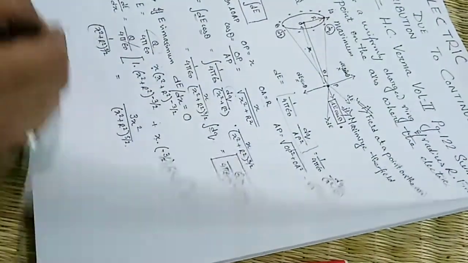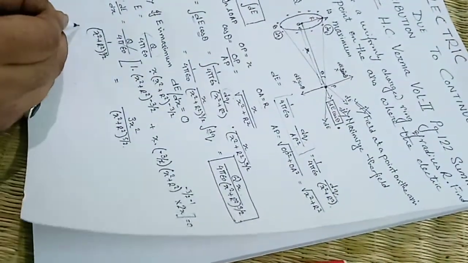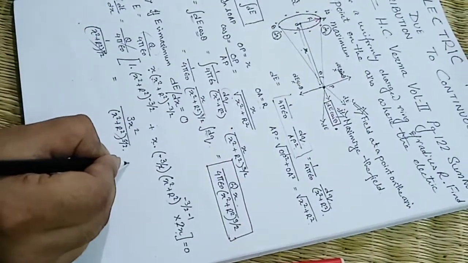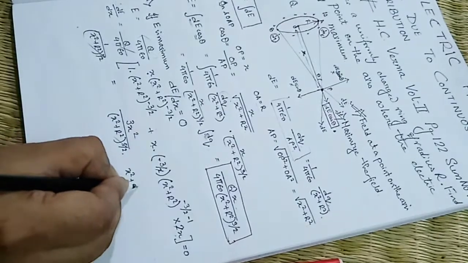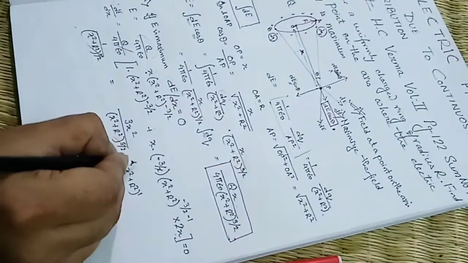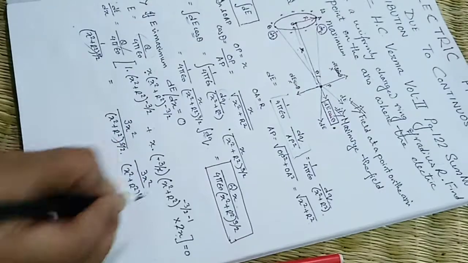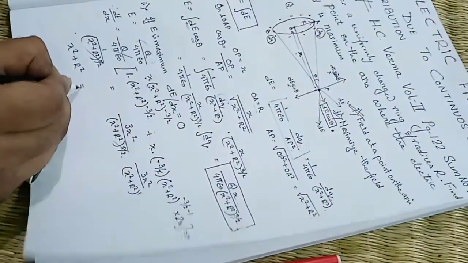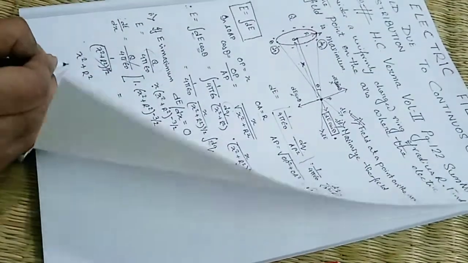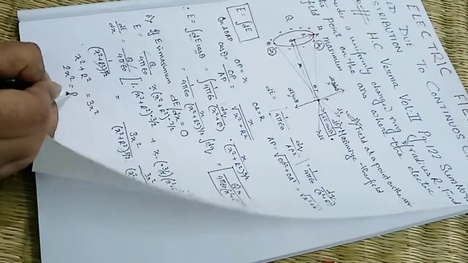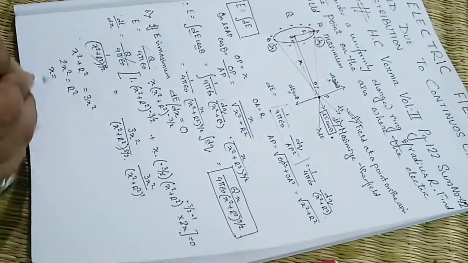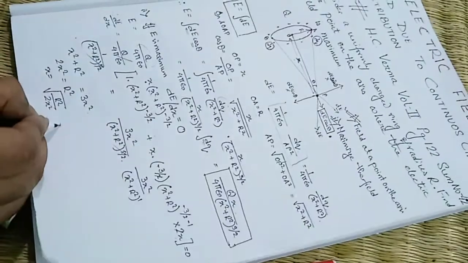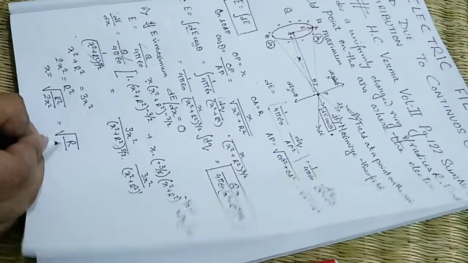If I simplify it once more, this cancels and this cancels, so it becomes x square plus R square whole to the power 1 by 3x square. So x square plus R square equals 3x square. So 2x square equals R square. X equals root over R square by 2, which is R by 2.